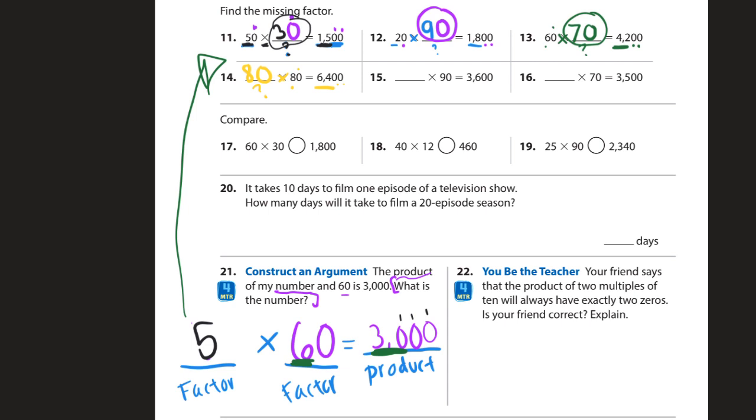So on the left side, I also have to have 3 zeros. But this can be tricky because you have to remember that 5 times 6 is 30. It already has a 0 in that answer. And then you add 2 more zeros and you get 3,000. Don't get tricked and think you have to make 500 times 60. That's going to give you a different answer if you solve it.